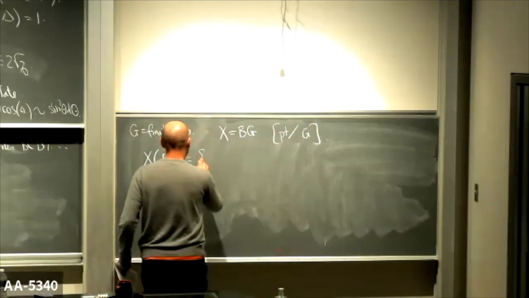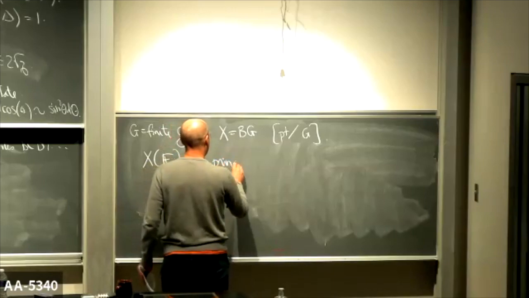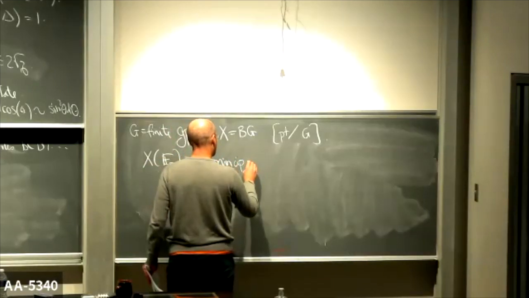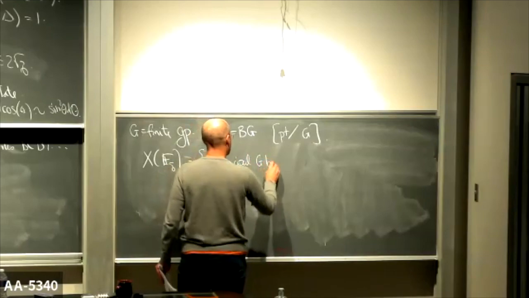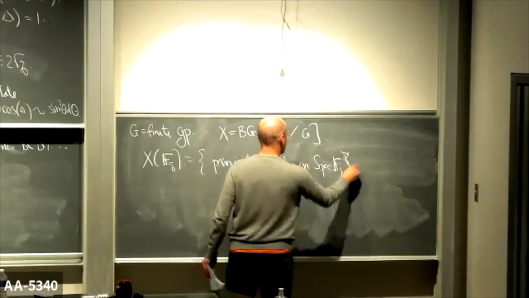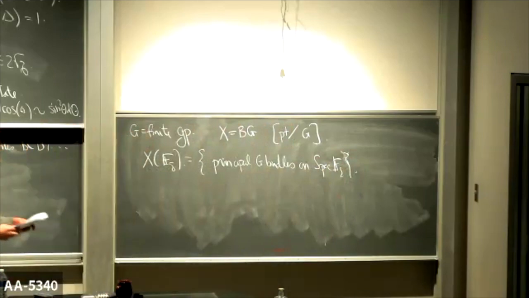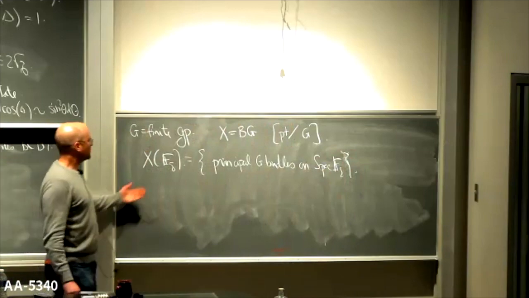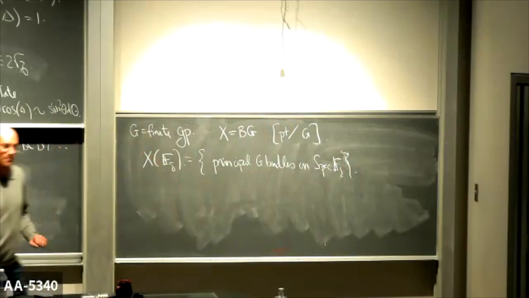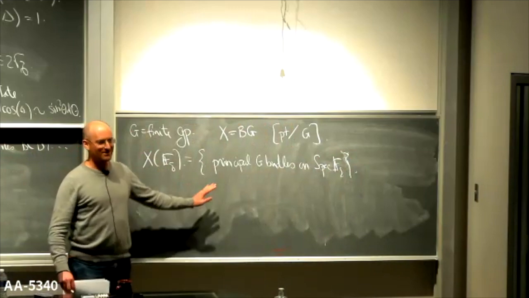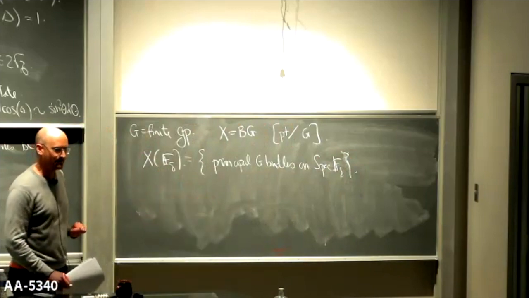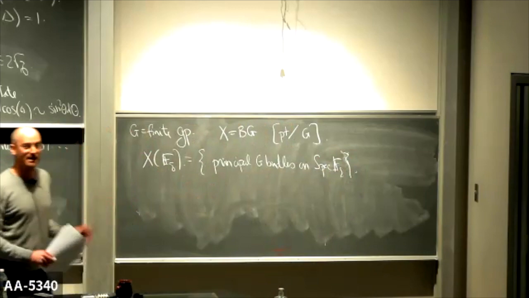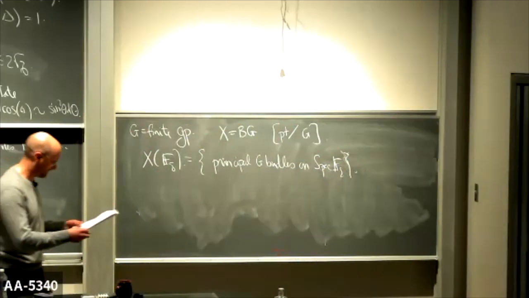That would be the set of principal G-bundles on spec F_q. And one thing that one learns when counting objects with automorphisms, based on experience, is that it is always the correct thing to do to count these objects with multiplicity inversely proportional to the size of the automorphism group.